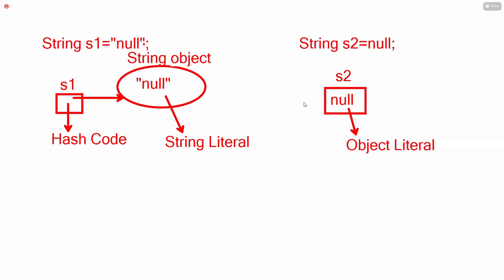It is a string object. Every string literal itself is an object of the string class. Here one object is created. That object contains null. That object's address is mapped into another code, that is the hash code stored in S1. Okay. But here there is no object. If the object is not there, null is stored. That null is called object literal.